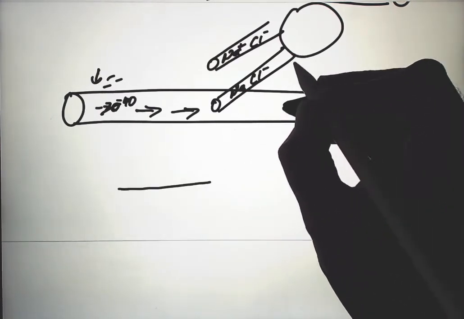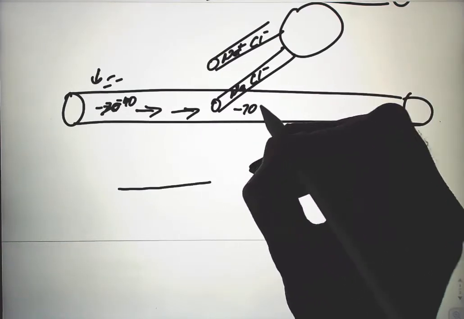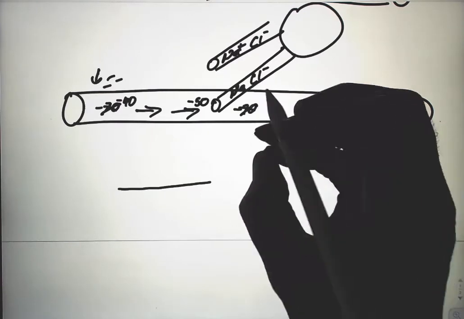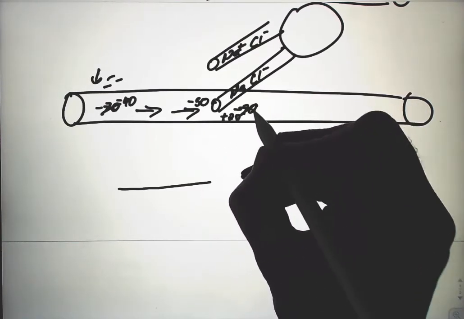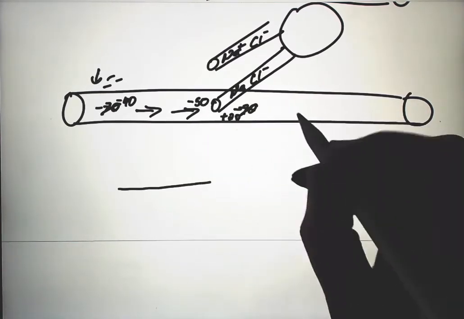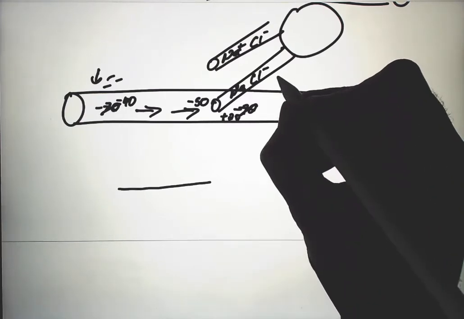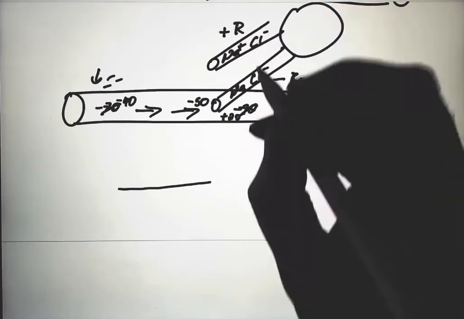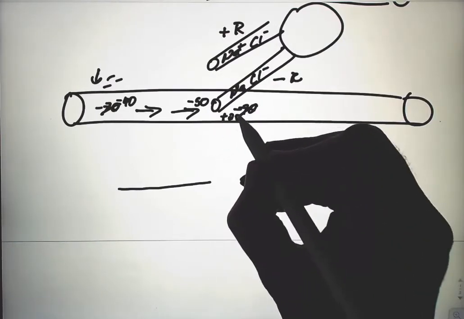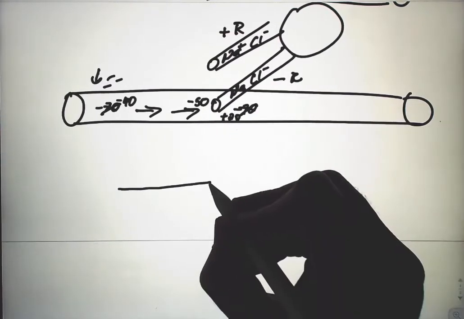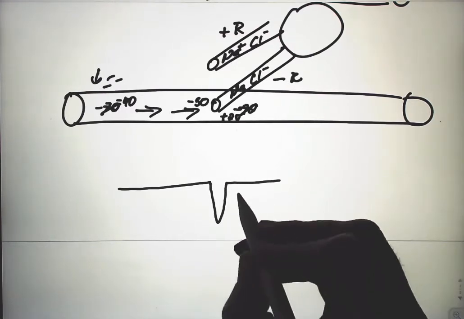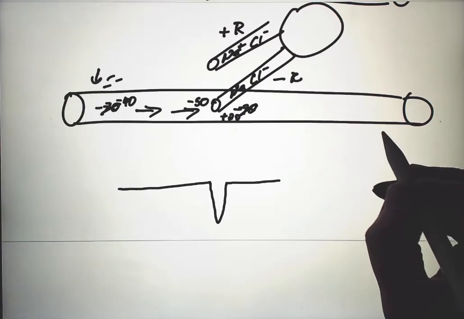If we're at minus 70, and the charge that gets here changes that to minus 50, that would be a plus 20, a change from minus 70 to minus 50. And if this was a negative recording electrode, and this was the positive recording electrode, what we'd see is a plus 20 at a negative recording electrode. We'd see a decline, and then back to baseline as it passed.